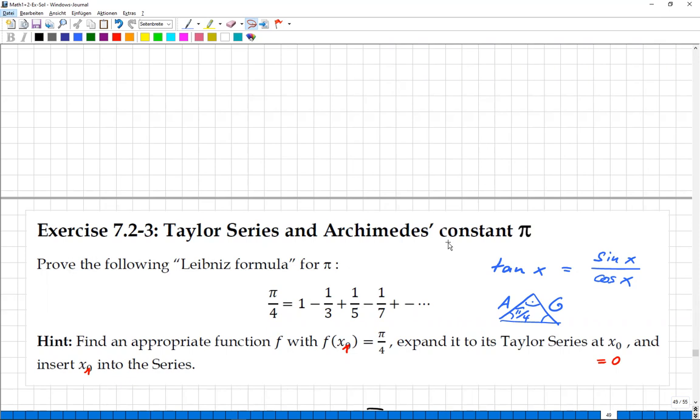And Leibniz himself presented the following, let's say, approximation or representation for, exactly speaking, not for pi itself, but for pi over 4.